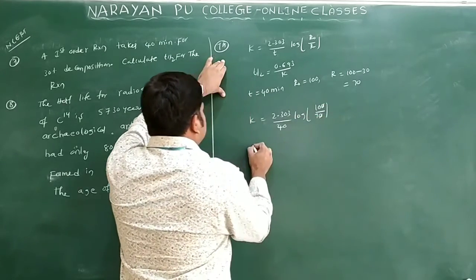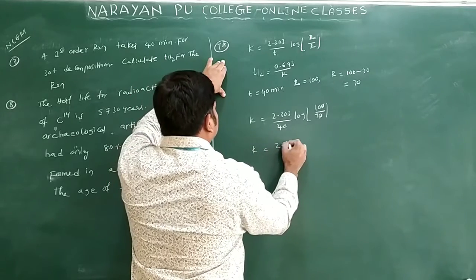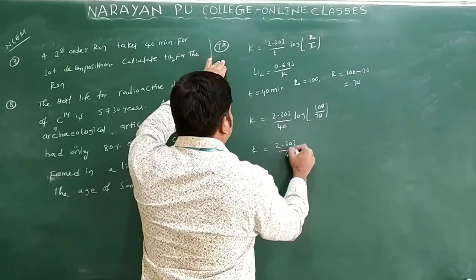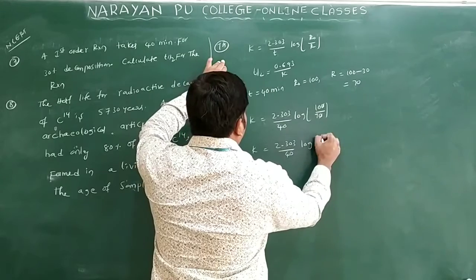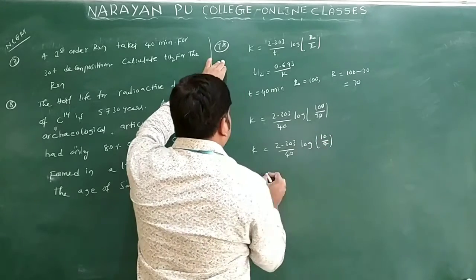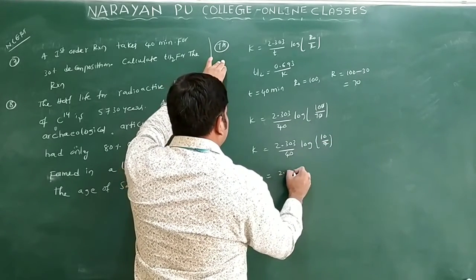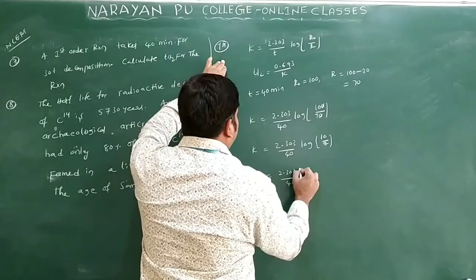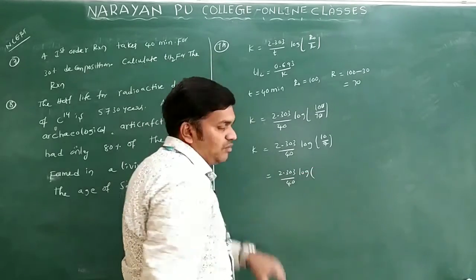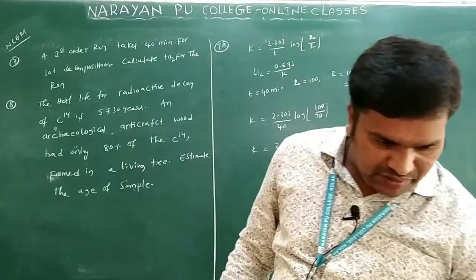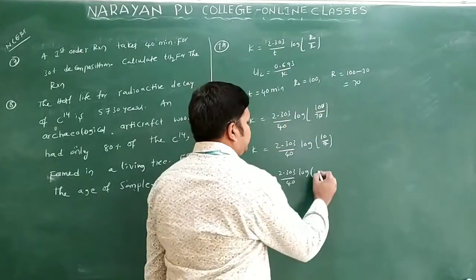So this cancels here. So K is equal to 2.303 by 40 into log 10 by 7. Log 10 by 7 value is 1.4285.